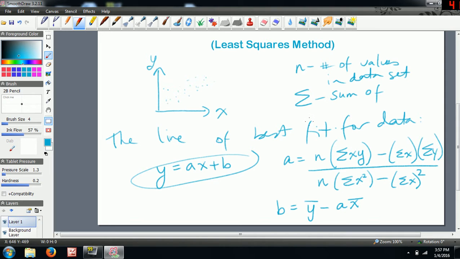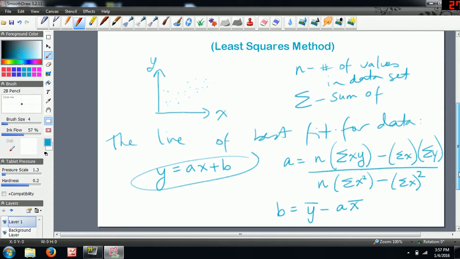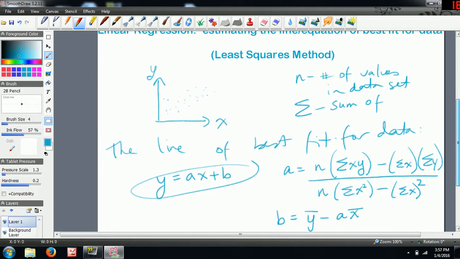And then x just represents all your x values, and y represents all your y values, between your independent and your dependent values. Here we have the sum of x squared, so you square your x's first and then take the sum, and here we've got the sum of all your x's and then you square that final value at the end. Okay, so this here is the least squares method.